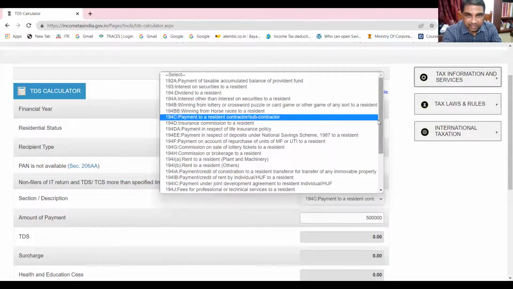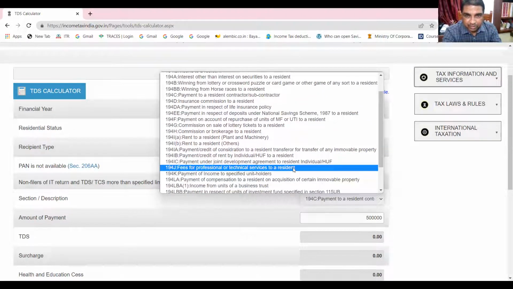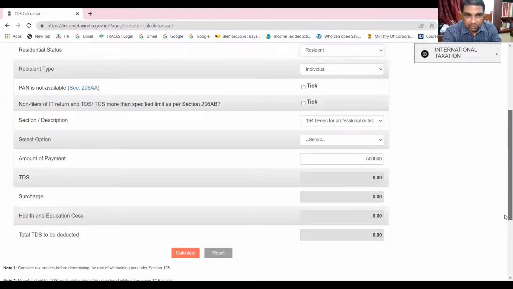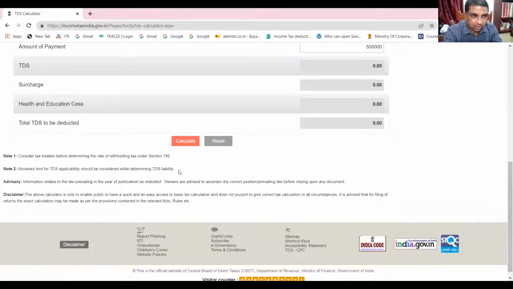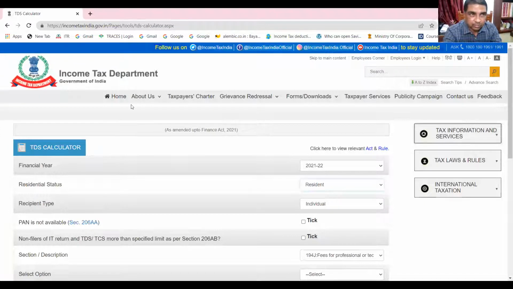Some technical issues that are there right now. You can try later on. It seems there is some technical glitch for which it is not calculating, but some other time I'll be showing you how it calculates. But you can find out the rates and charts right now.